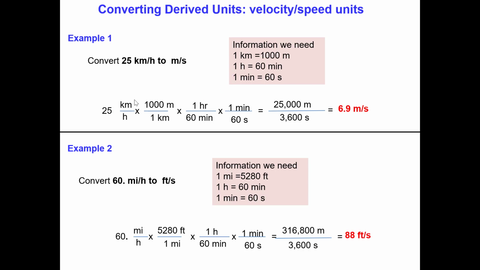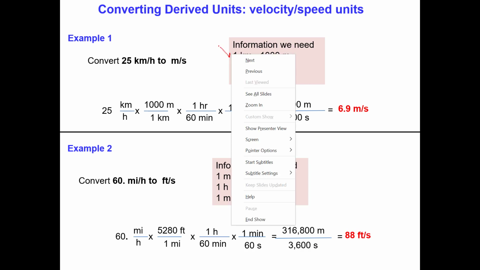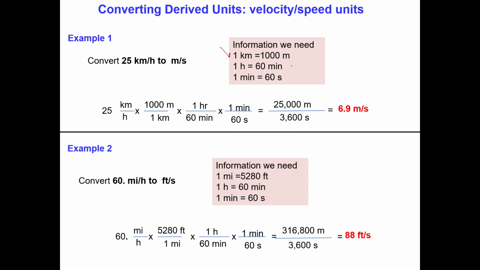And let's write 25 kilometers per hour, and let's convert first the kilometers to meters, as this is the first thing we want to do. Then for that we will use this information.